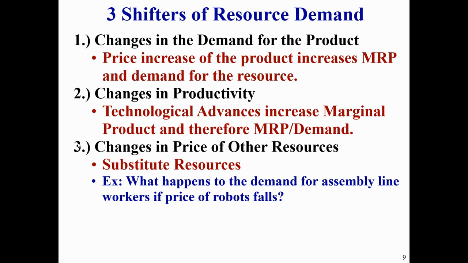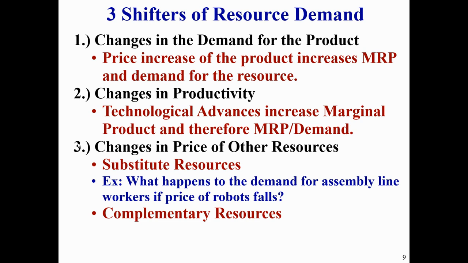If the price of a robot falls, which is another resource, a substitute resource, the demand for the assembly line workers will decrease, right? Because the demand for the robots will increase since the price falls.